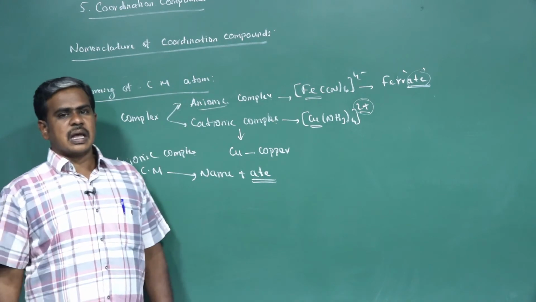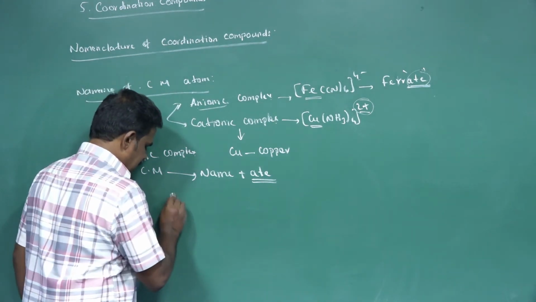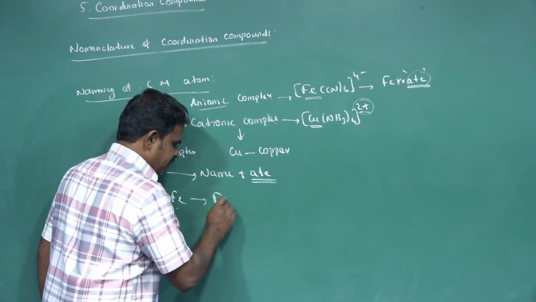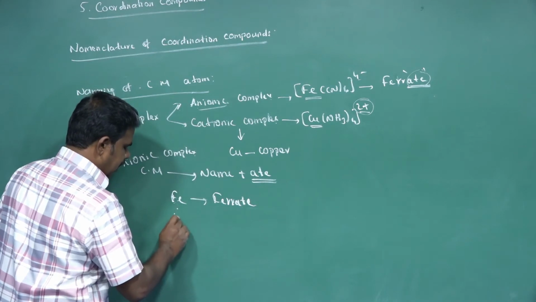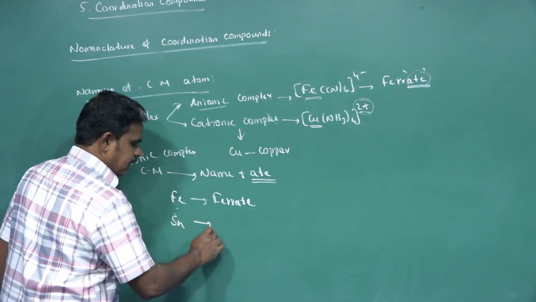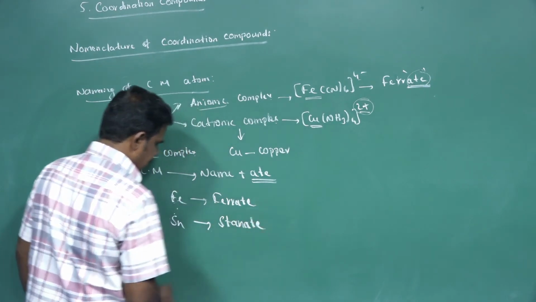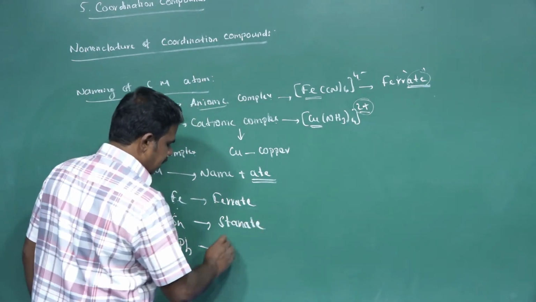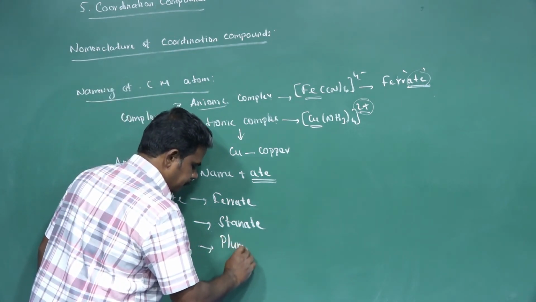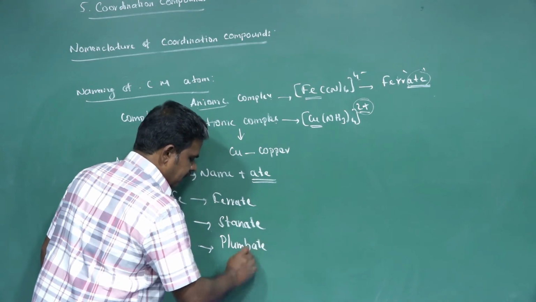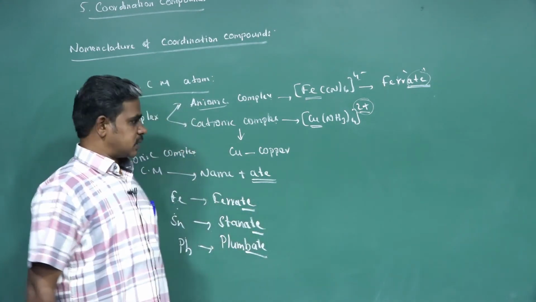If it is Sn, tin, then it is stannate. If it is Pb, lead, then it is plumbate. So it ends with -ate only for an anionic complex.